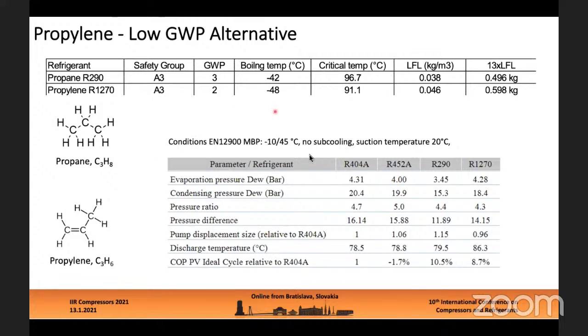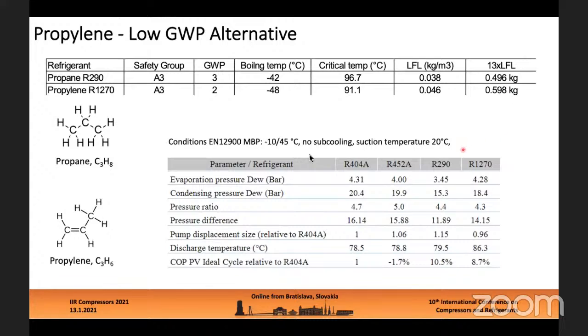Compared to propane, it has a higher LFL value, which, according to the new limit of 13 times LFL in IEC 63335-2-89 edition 3, results in 100 grams more of allowed charge limit.